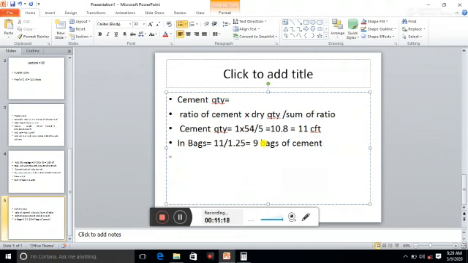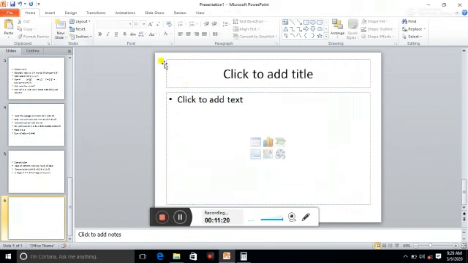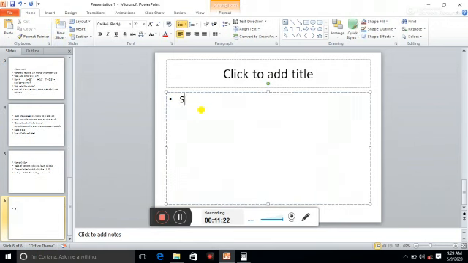So now we will find the sand quantity. For sand quantity we have the same formula, but we will change only the numbers. So ratio of sand is 4 into dry quantity 54 divided by sum of ratio 5.